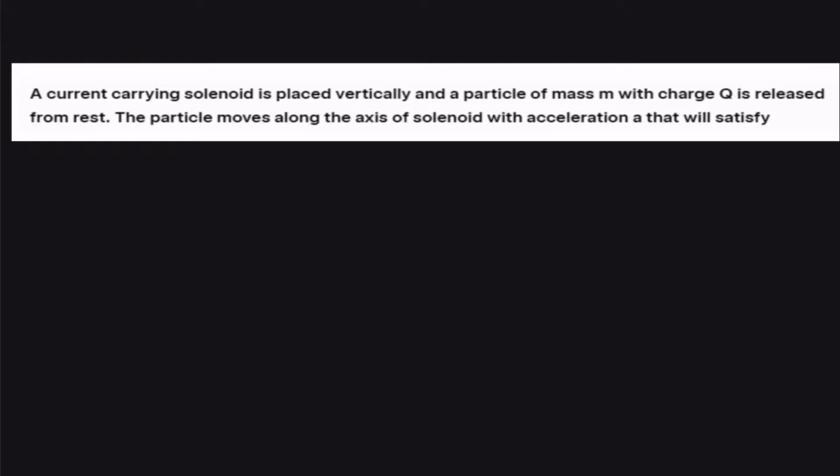Next question. It states that a current carrying solenoid is placed vertically and a particle of mass m with charge q is released from rest. The particle moves along the axis of the solenoid with the acceleration a that will satisfy. We have to find out basically what is the value of this acceleration.